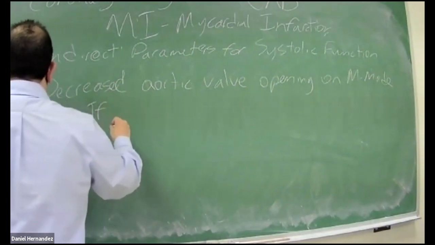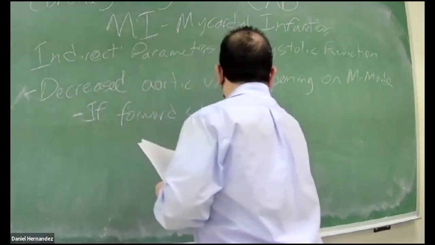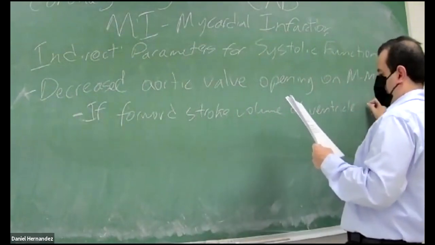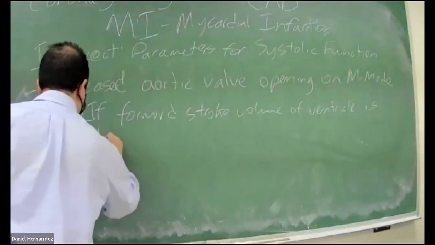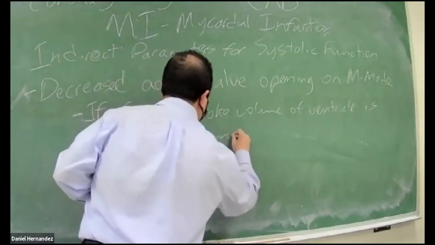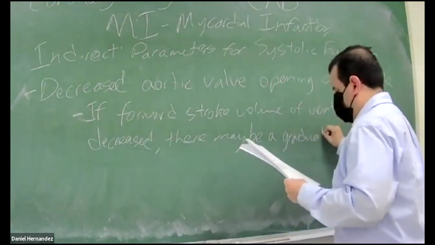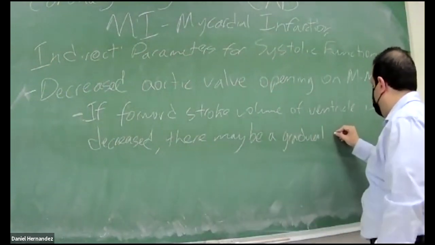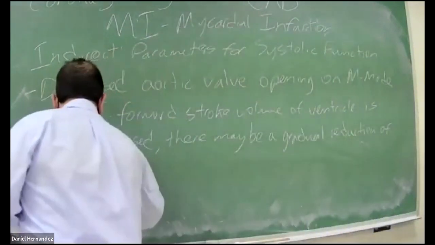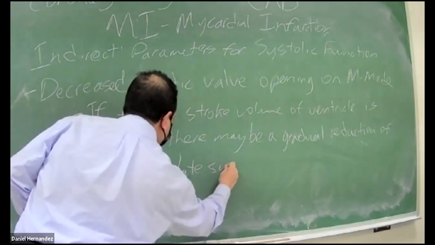So if forward stroke volume of the ventricle is decreased, there may be a gradual reduction in flow in late systole.